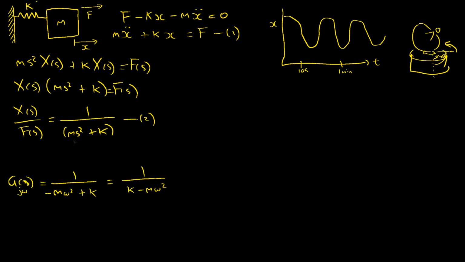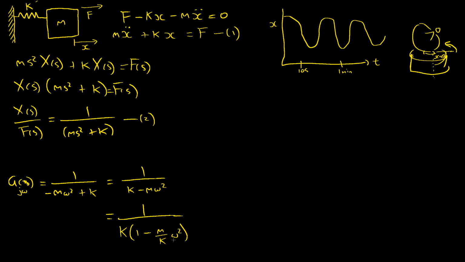Okay, in order to see what that spike is, let's consider the frequency domain equivalent of the transfer function that we had here. I just want to rearrange it a little bit, and I think that's going to help illustrate what that spike is. So let's pull the k out from the denominator so that we have 1 minus m on k omega squared.